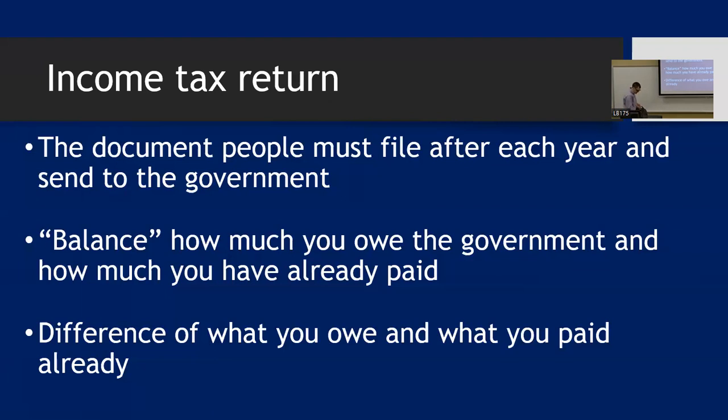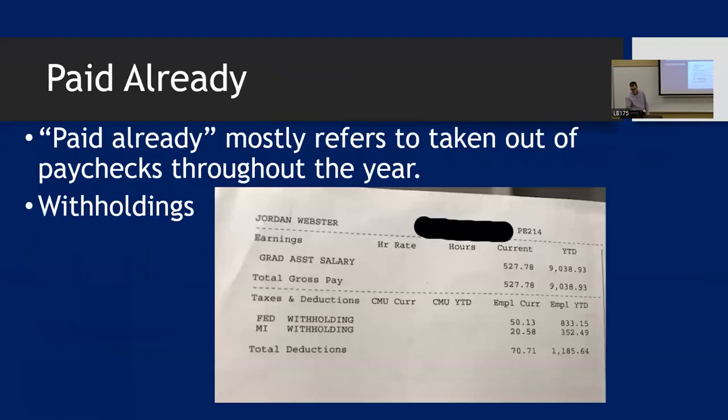That withholding goes to the federal government as your income taxes. So the income tax return is essentially the difference between what we owe and what we pay.